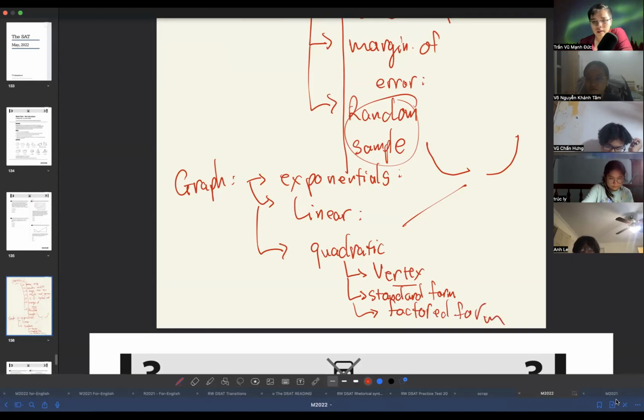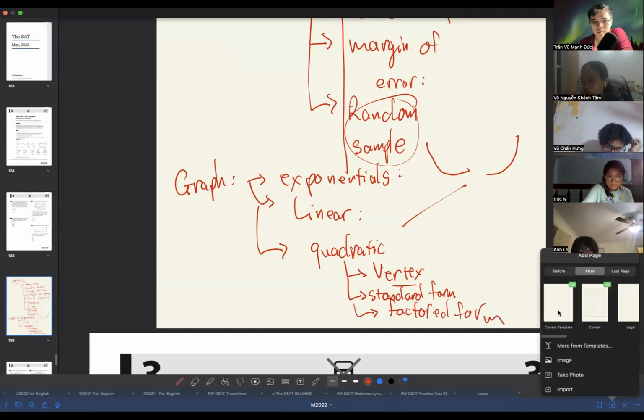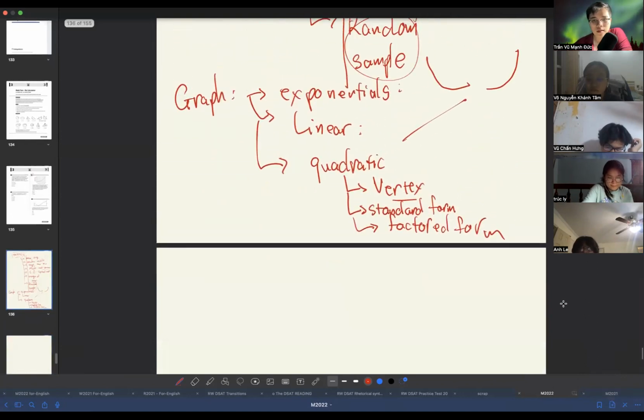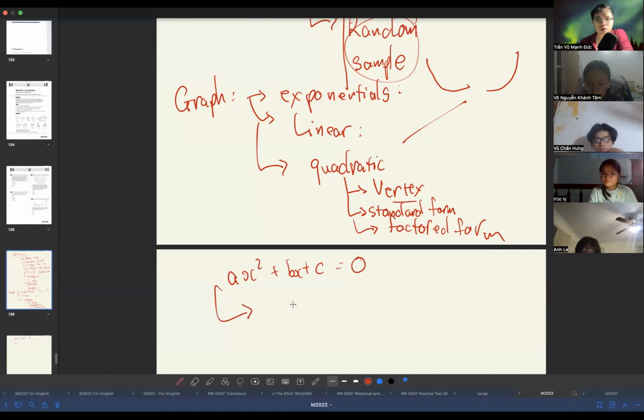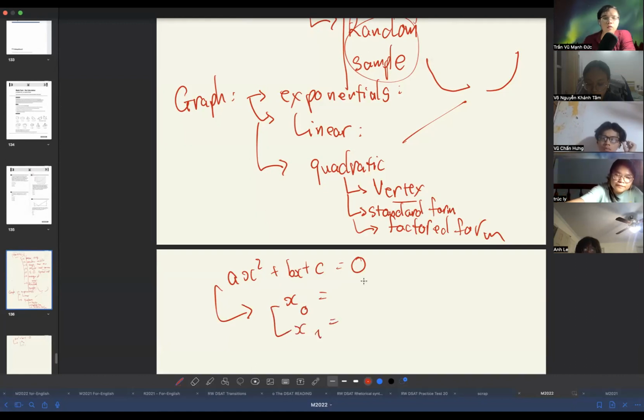I will very briefly remind you how to do the factored form. Let's say I have an equation ax squared plus bx plus c equals 0, and it gives out two solutions: firstly x0, secondly x1, let's say 1 and 2.